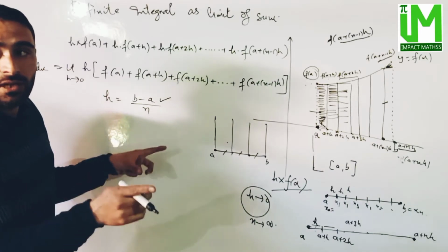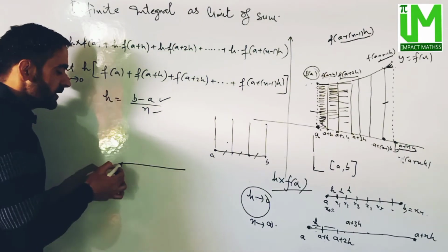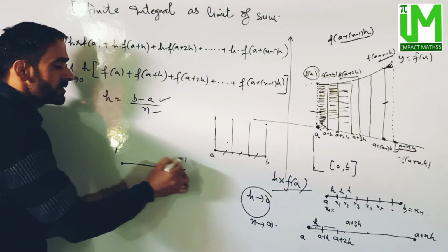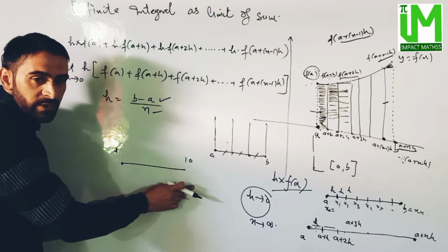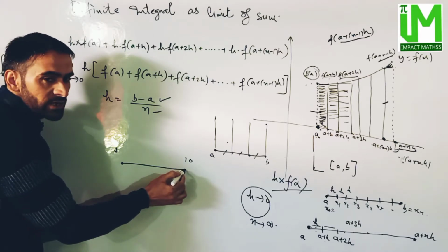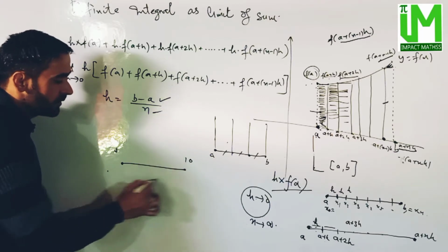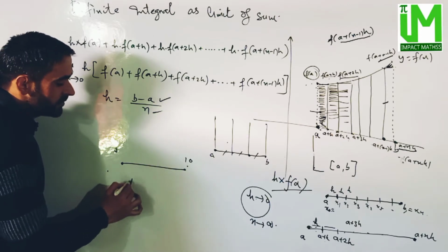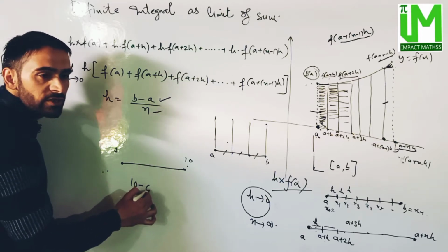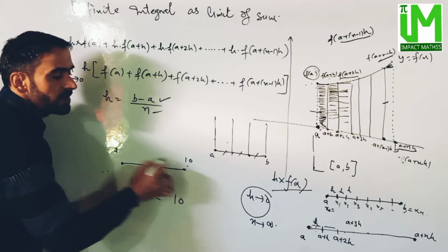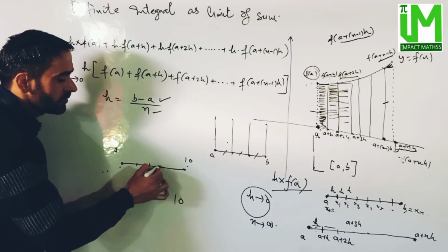Suppose we have an interval 0 to 10 centimeters. The length of the interval is the upper value minus the lower value, so 10 minus 0, that is 10. Suppose we divide it into 5 parts, 1, 2, 3, 4, 5.